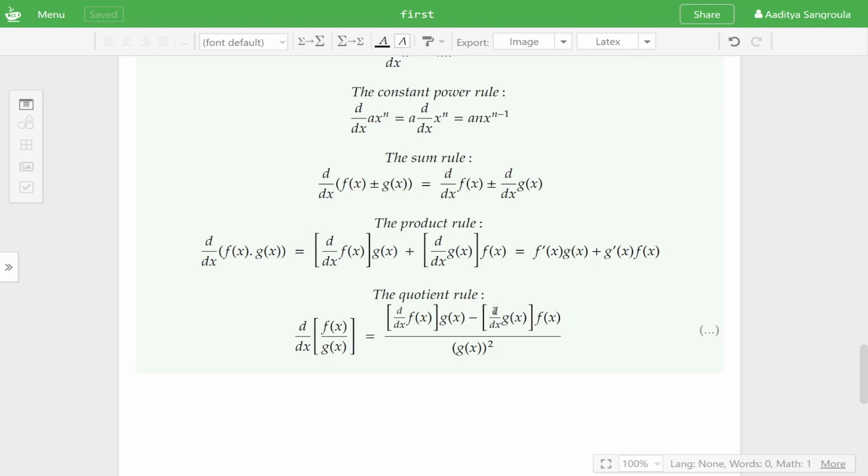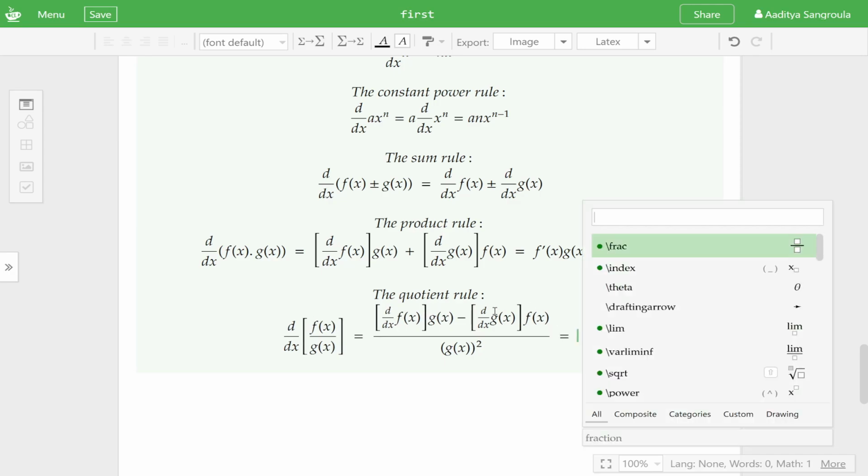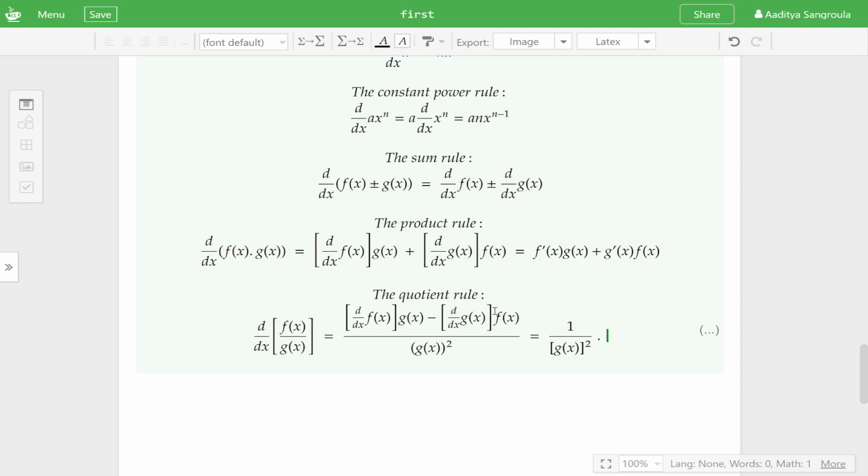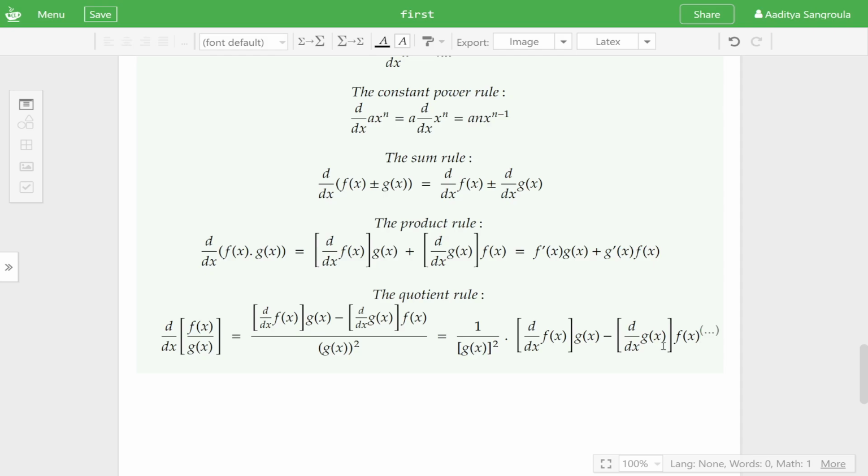You can simplify this as 1 over g of x squared times this, right?